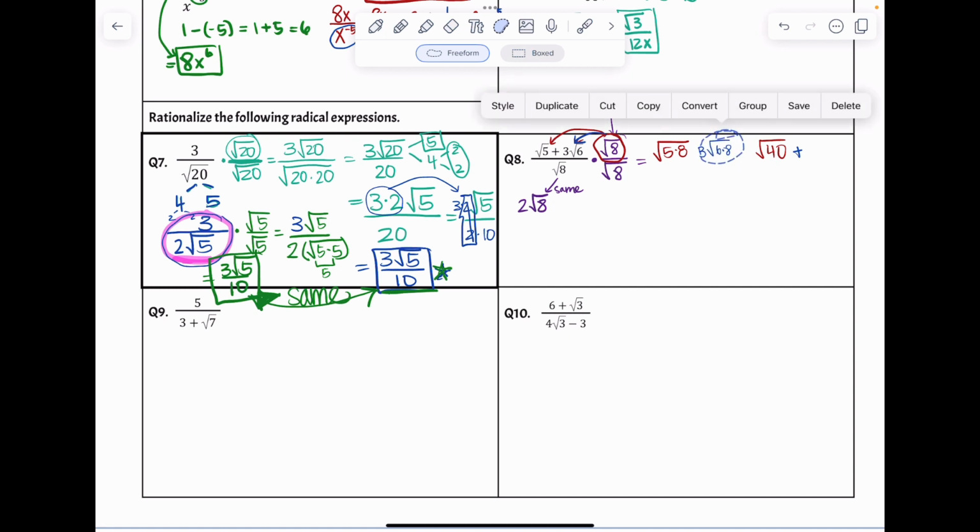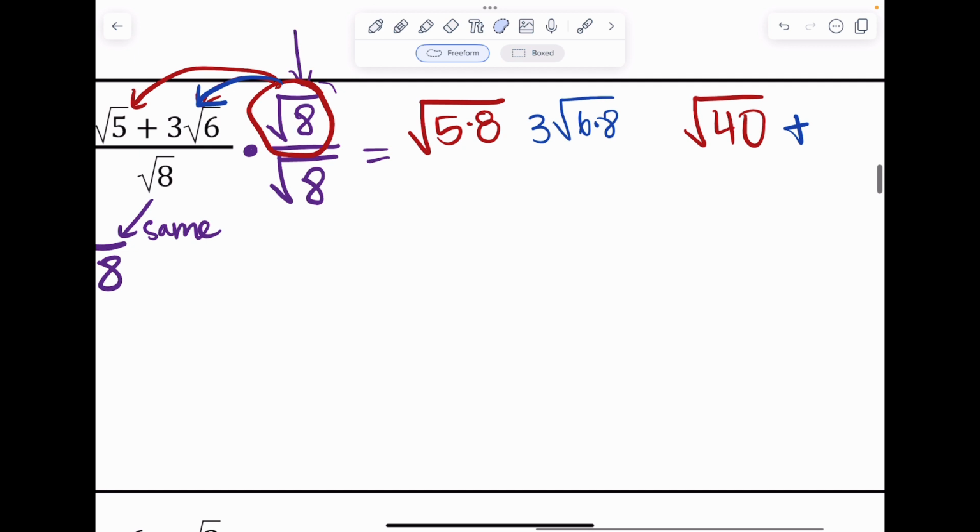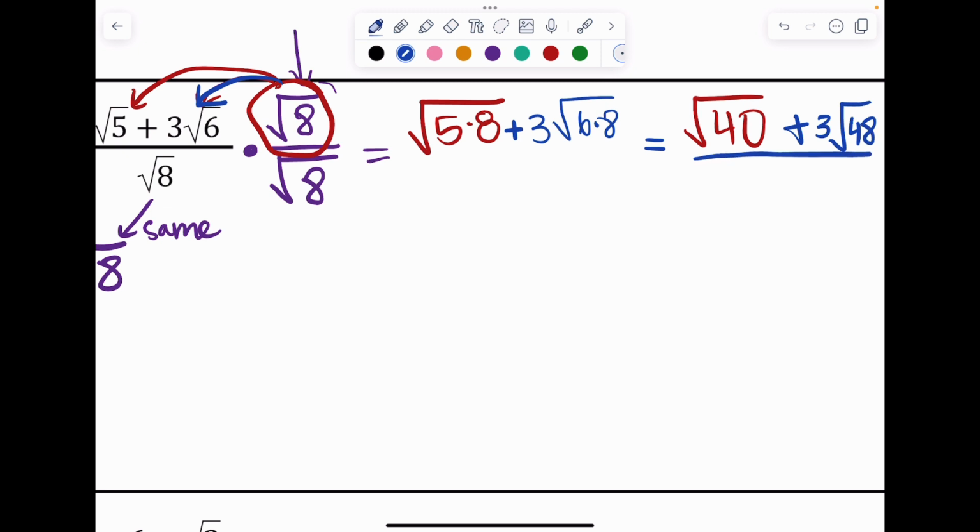Okay, and then zooming in, this should be plus. Then this would be 3 times square root of 48. This is going to be all over square root of 8 times 8, which is 64. So square root of 64 is 8.